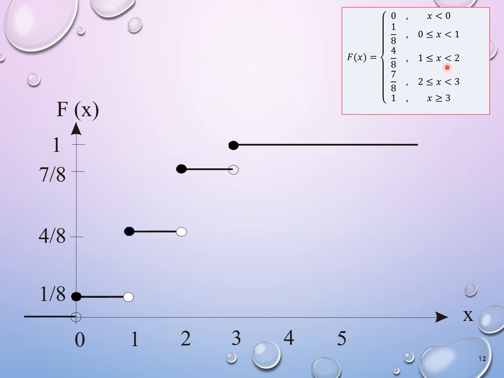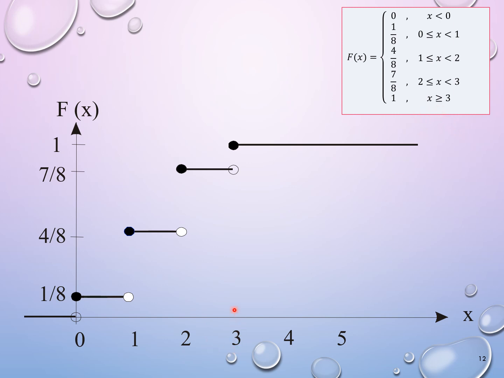And then we continue with x greater than or equal to 2, less than 3. This is 2. Greater than 2 means you draw it to the right until 3, but it does not include 3. So the value is 7 over 8. And the last one will be x greater than or equal to 3.